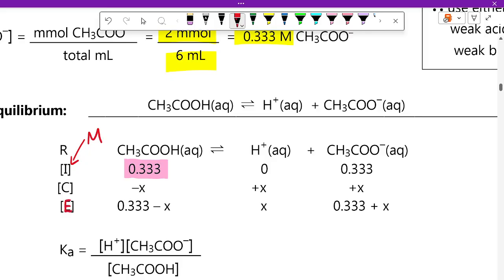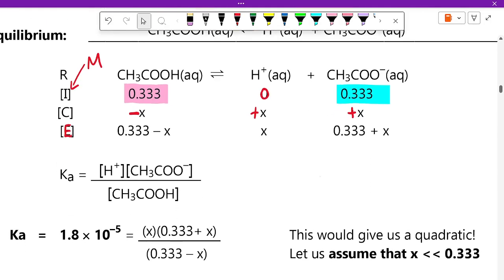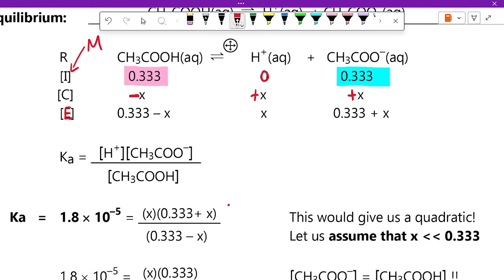So that's our equilibrium concentration. And we have our base here. And we have to shift to the right because we don't have any hydrogen. So these are going to go up by X. This one's going to go down by X. And what are we going to do to make our lives easier? We're going to assume these X's are insignificant.